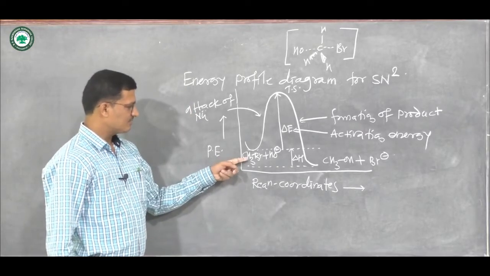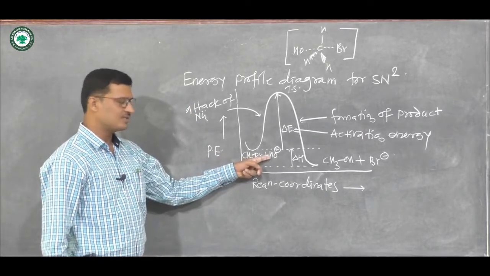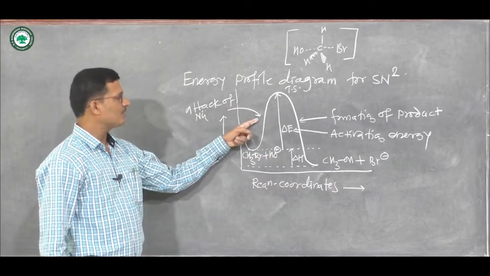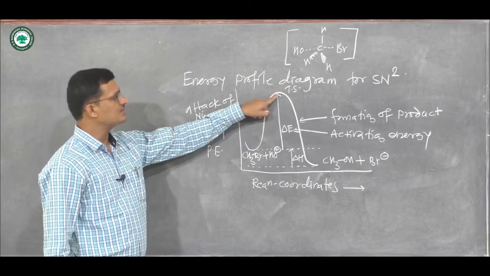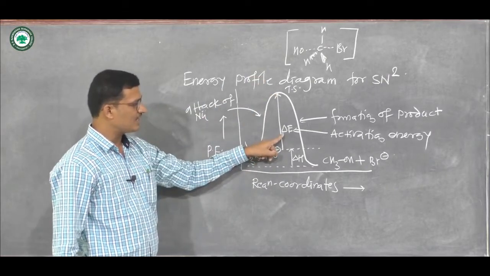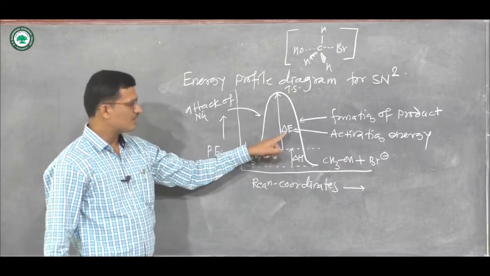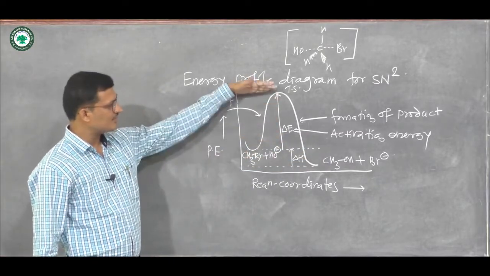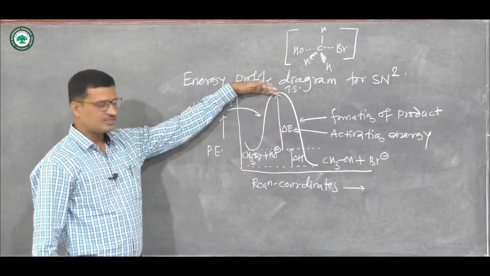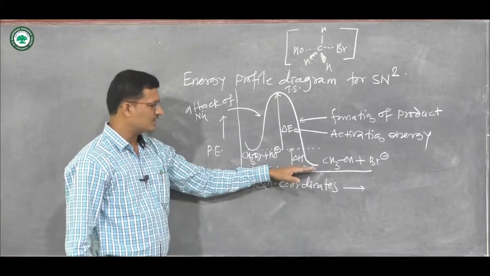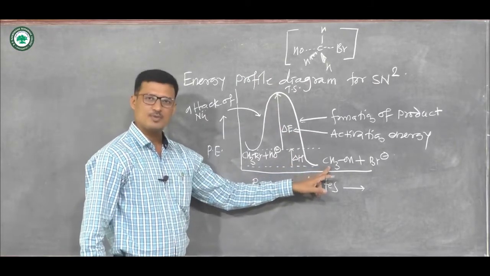The reactant methyl bromide reacts with the nucleophile OH minus, then after the attack of the nucleophile there is formation of a transition state. This transition state requires delta E, the activation energy. Once the transition state is formed, because it has high energy, it is quickly converted into the product, and there is formation of methanol.